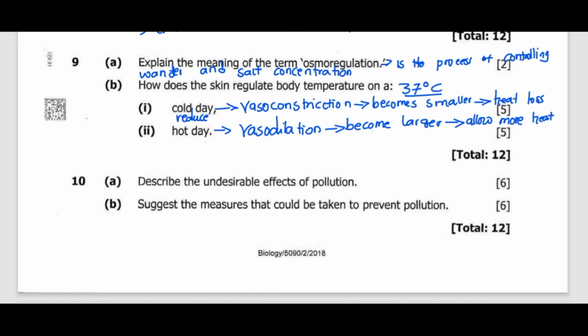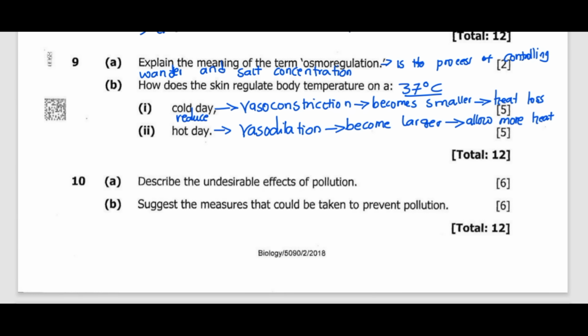Since there is too much heat, we want to allow more heat to be lost. And why do we need this? Because if we have excess heat, the temperature will rise above normal. And we know that if the temperature rises above normal, there will be a negative effect: enzymes may be denatured.